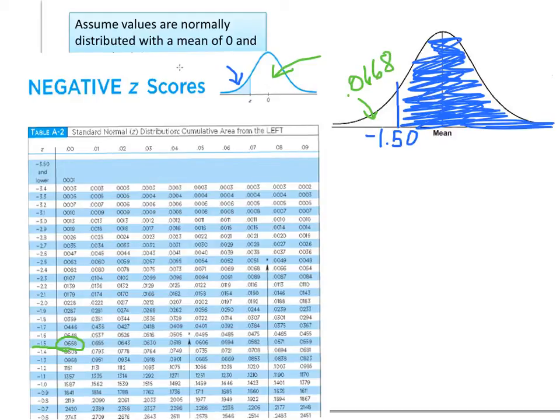Well, I know the entire distribution is 100%, or 1, since I'm working in decimal form. So if I know up to this point is 0.0668, and I know that the whole thing equals 1, then I can find the unknown portion by subtracting what I know from 1.